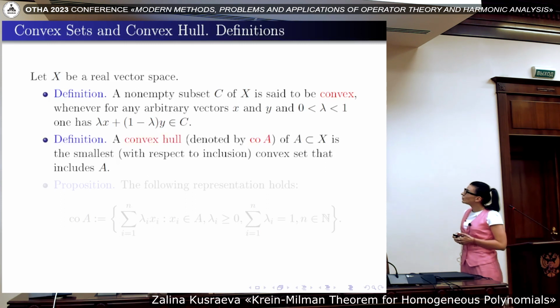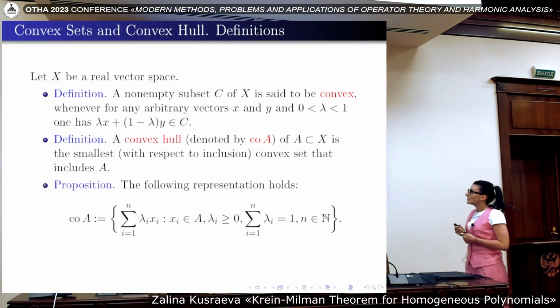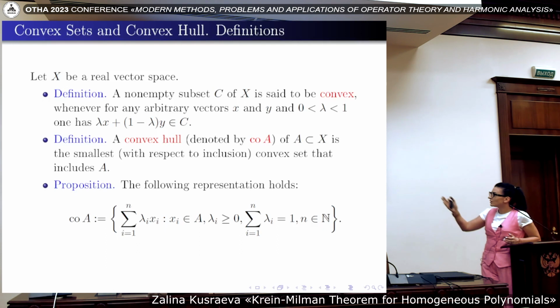A convex hull, which is denoted by co(A), of A, is the smallest, with respect to inclusion, convex set that includes A. And it is easy to prove that the convex hull of a set A can be described as follows. It is the set of convex combinations of elements from A.